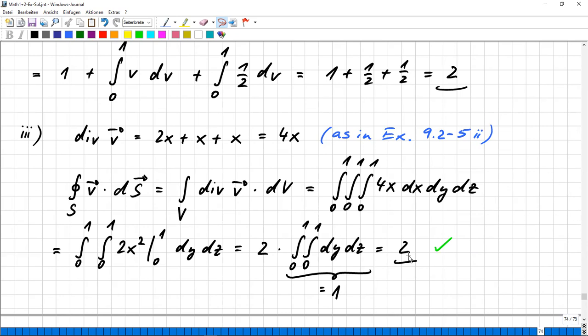So 2 remains. And 2 as a total flux is the same result as before calculating along the surface. And this is, again, an impressive confirmation of the validity of the Gaussian divergence theorem. So that's it for the whole exercise.